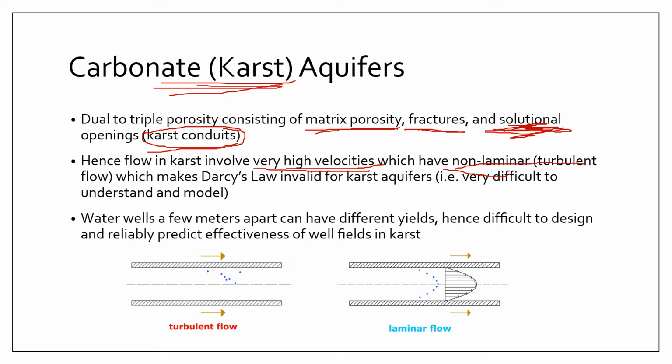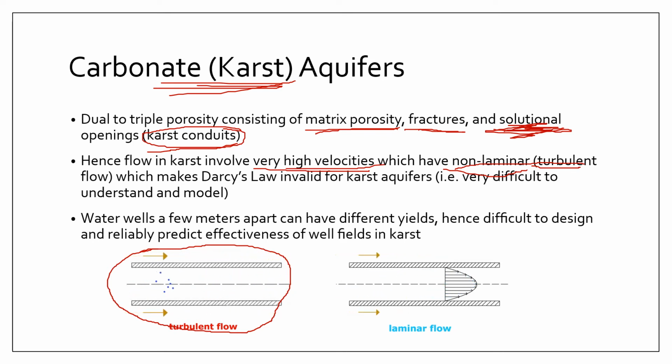So they become non-laminar and they become turbulent, as you can see in the GIF here. So your turbulent flow will involve water particles and sediments that are orbiting around and going in various directions, sometimes even opposite of the flow direction.